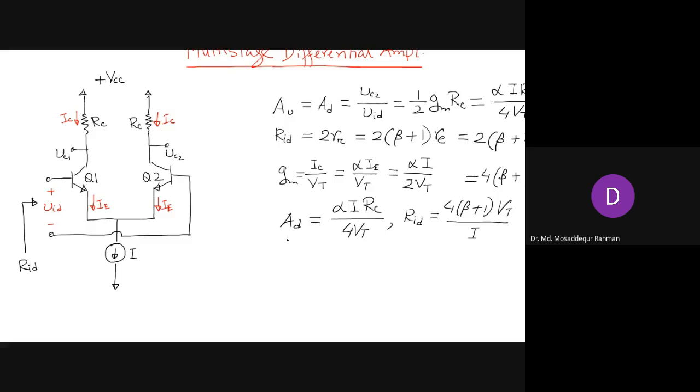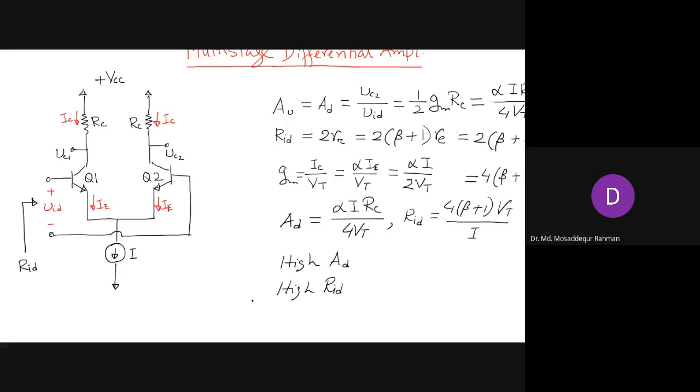So now you see that these two, the gain and the input resistance, are mutually conflicting, right? We want high gain, and also we want high input resistance.